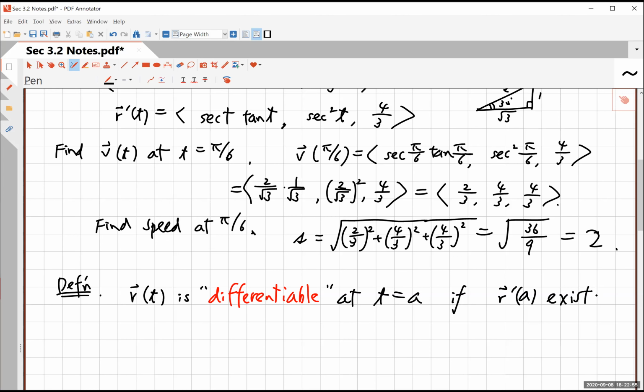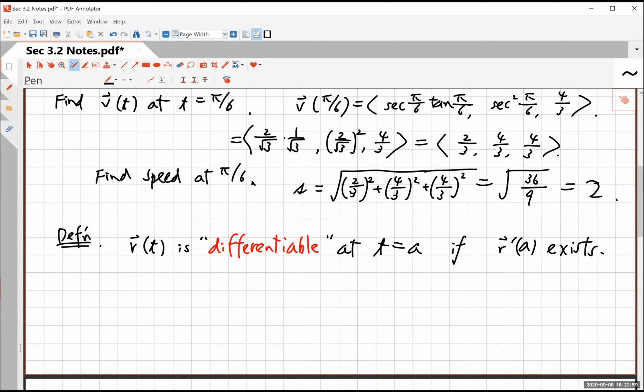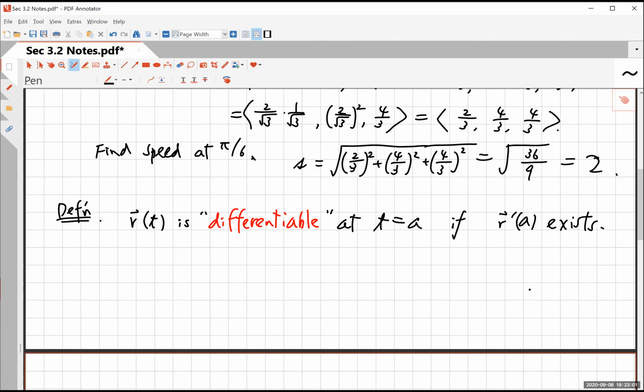Very simple. It could be 0, but if the derivative exists, it's called differentiable. Remember to use, well, first, I should say, if you have t squared, it becomes 2t. If you have t cubed, it becomes 3t squared. So use the power rule.